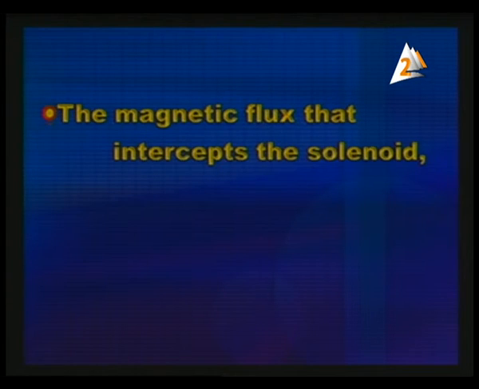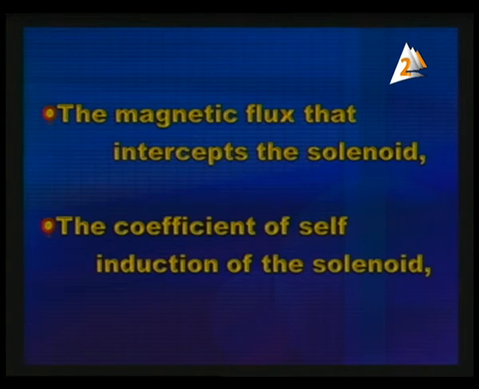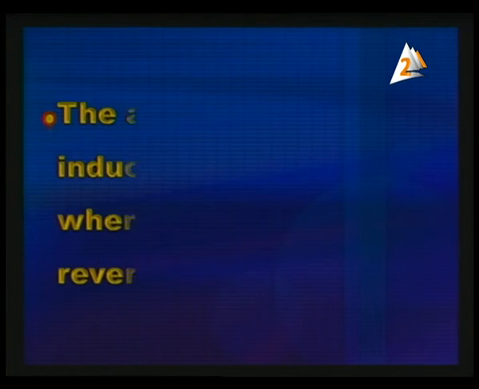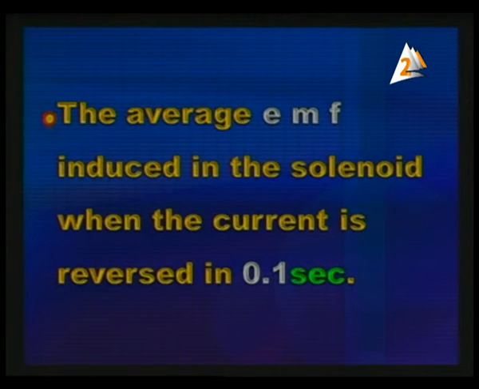Calculate the magnetic flux that intercepts the solenoid, the coefficient of self-induction of the solenoid, and the average EMF induced in the solenoid when the current is reversed in 0.1 second.